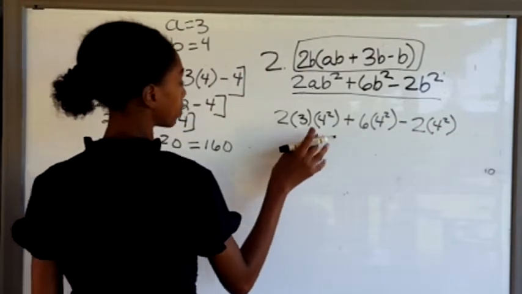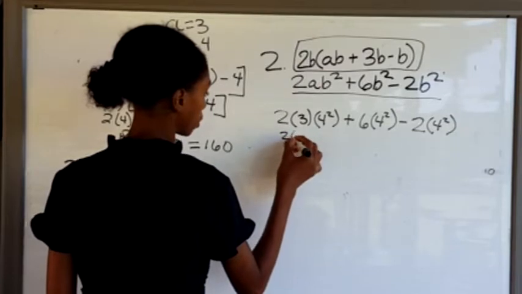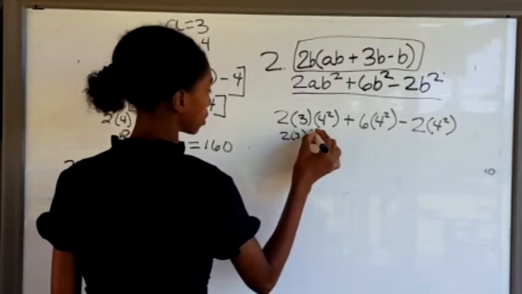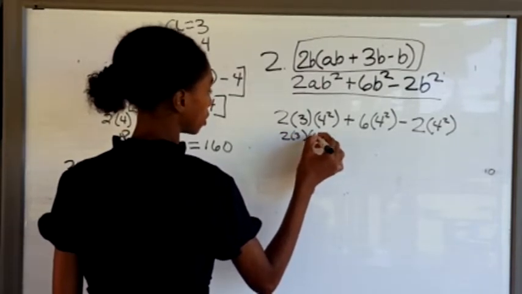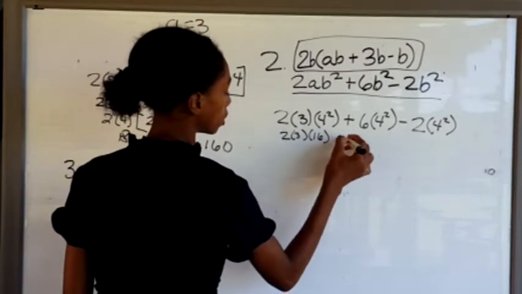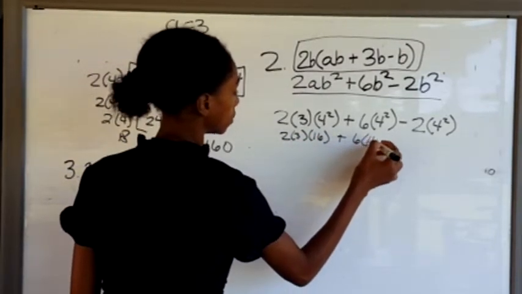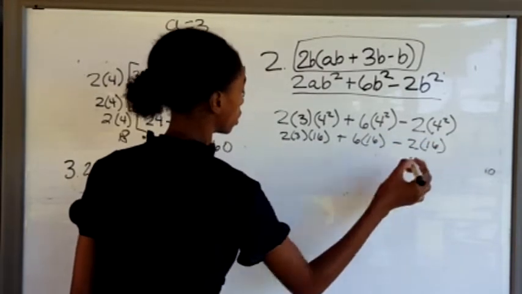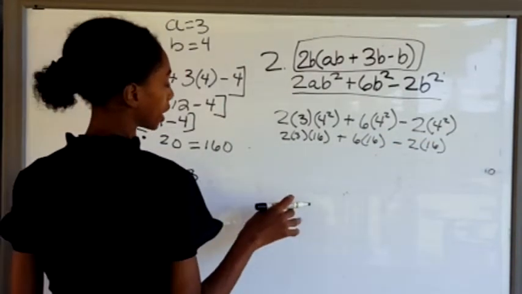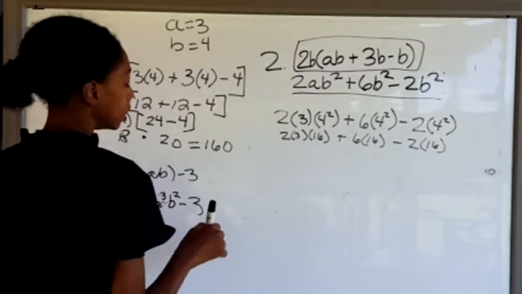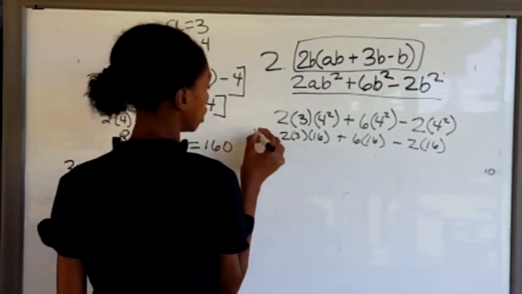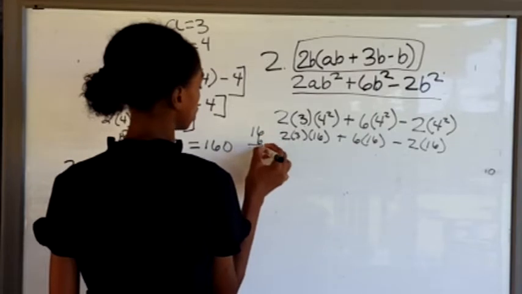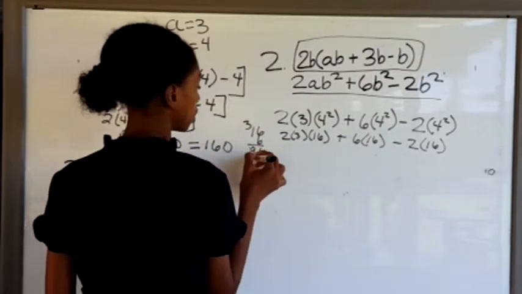Alright, so we'll just do all our exponents first. So that's 16. Alright, so now we can do our multiplication. 3 times 2 is 6. And 6 times 16 is 96.